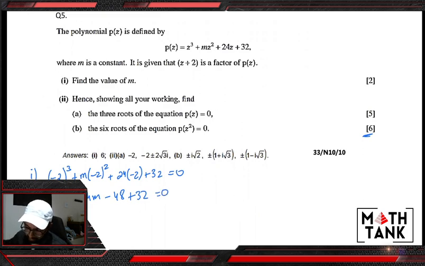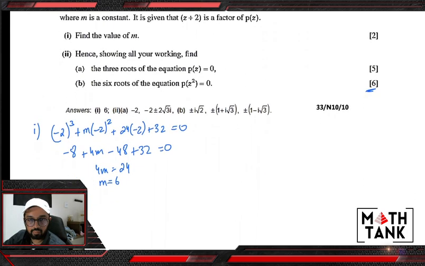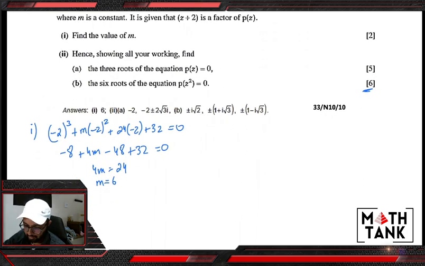Let's quickly do those calculations. Minus 4m equals 12, so m is 6. So that's relatively easy.